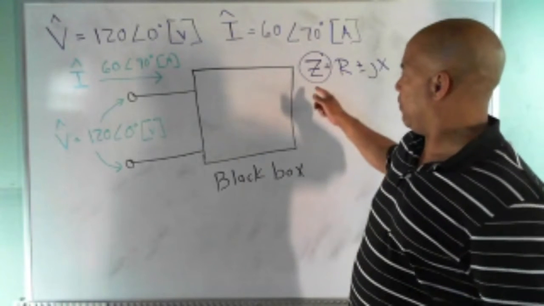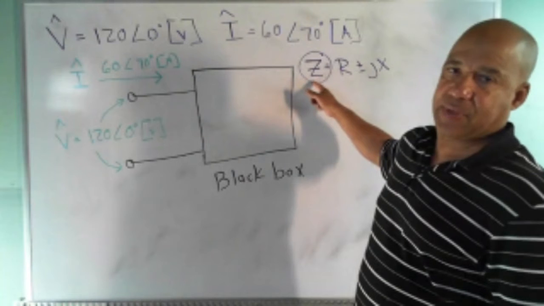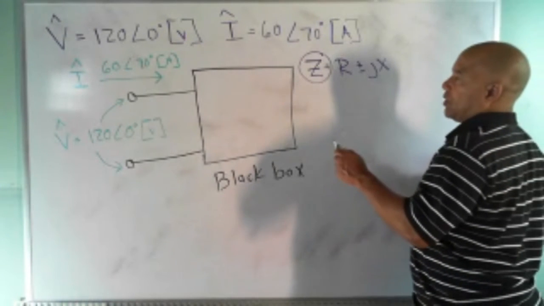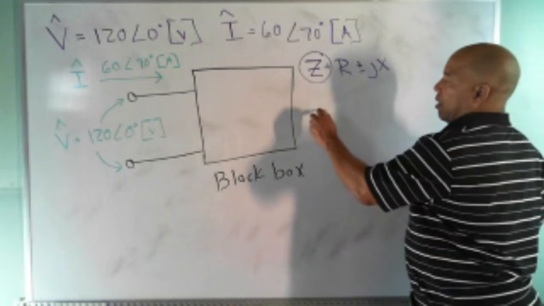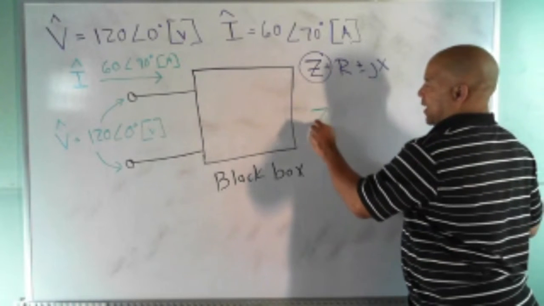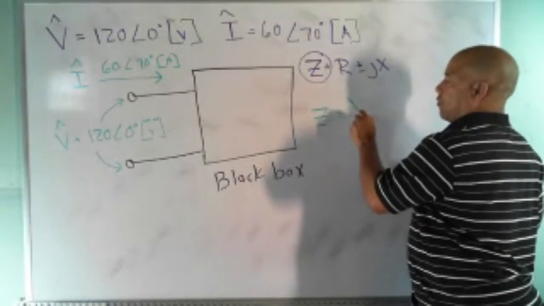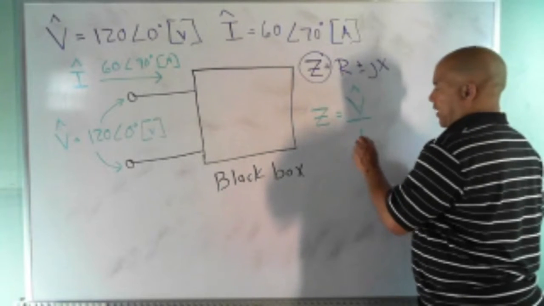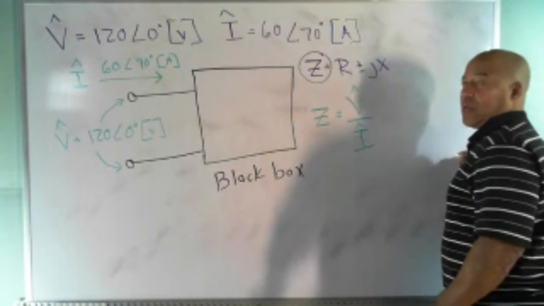In that case, it wouldn't be Z. The total opposition would be R, but it's the same thing. The total resistance is total voltage over total current. So the total impedance equals the total voltage phasor over that current phasor. That's what I would do.